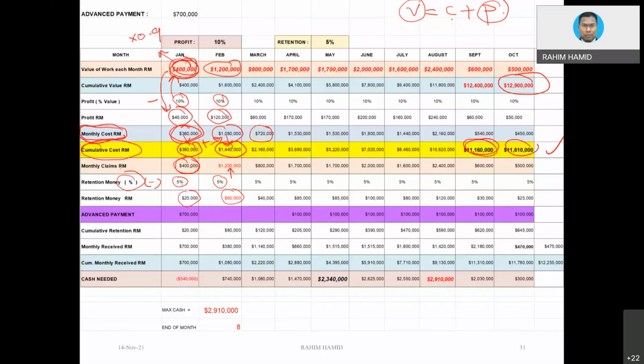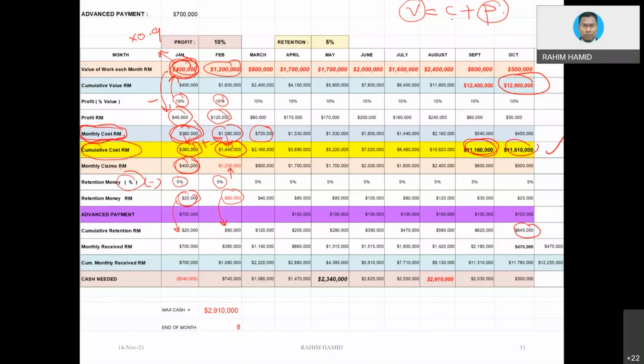So if you times that with 5%, you already know the amount of retention money going to be kept in the account, which is equivalent to this one. Okay, so retention money 20,000. Actually, if you want to make it cumulative, this could be the value. By right, we should put this row on top of that thing so as not to get confused. Okay. All right. So that would be retention money.